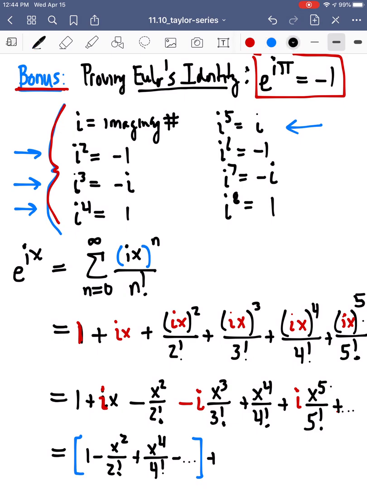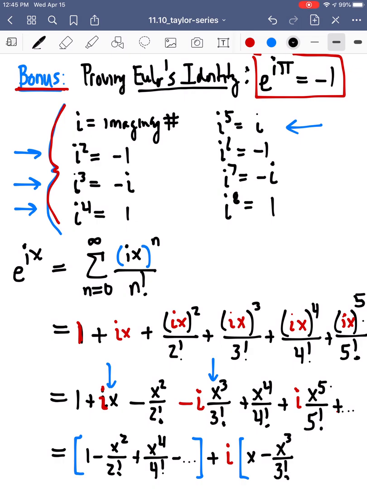All right, let's add to that the terms that have i's. And I'm going to pull i out in front of that series. So if we pull i out of every term, well, the second series, when we collect terms, we have an i times x, so we just get an x there. The next term we have is a negative i x cubed over 3 factorial, so if we pull that i out in front, this is minus x cubed over 3 factorial.